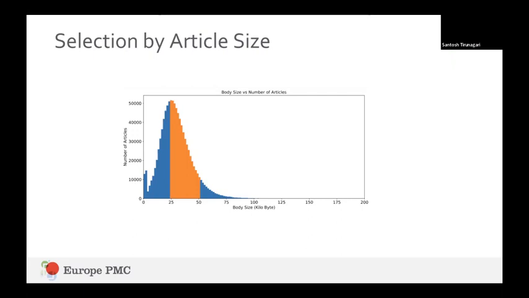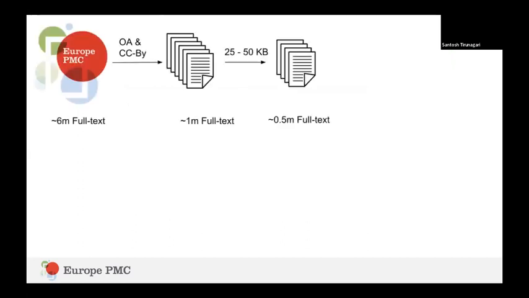For example, we thought articles larger than 50 KB would represent review articles, which would have several disease, gene and organism mentions, and articles with a body size lesser than, let's say, 25 KB would be case reports or other reports which would not have any mentions at all. When we did the further selection based on article size, we were left with around 500,000 articles.